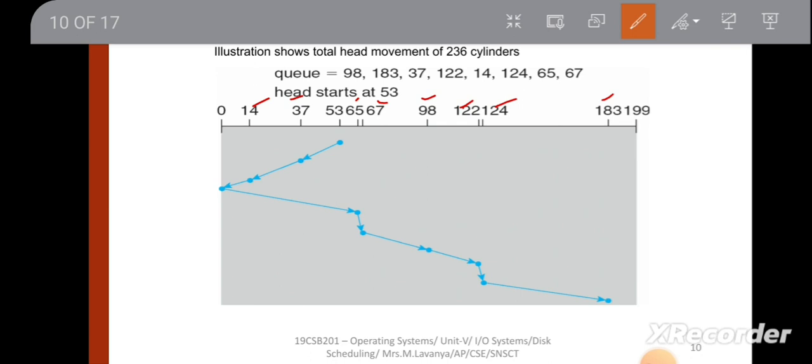And the initial 0, final 199 and the current position 53. Everything is mentioned at the start of the problem.